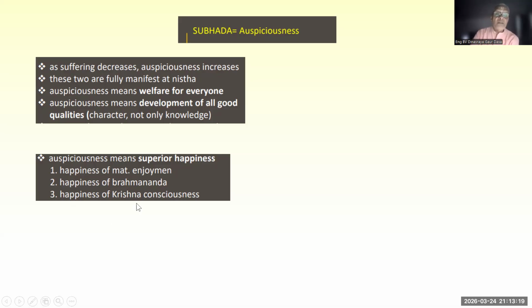Then the third happiness is that of Krishna consciousness. Now, the happiness of Krishna consciousness is everlasting. It is eternal. All of us are chanting the Hare Krishna Mahamantra. We do not get bored. If we have not completed our rounds for the day, we still hanker for completing them. It gives us so much solace and mental peace, and a state of bliss is achieved when we are chanting with full concentration.